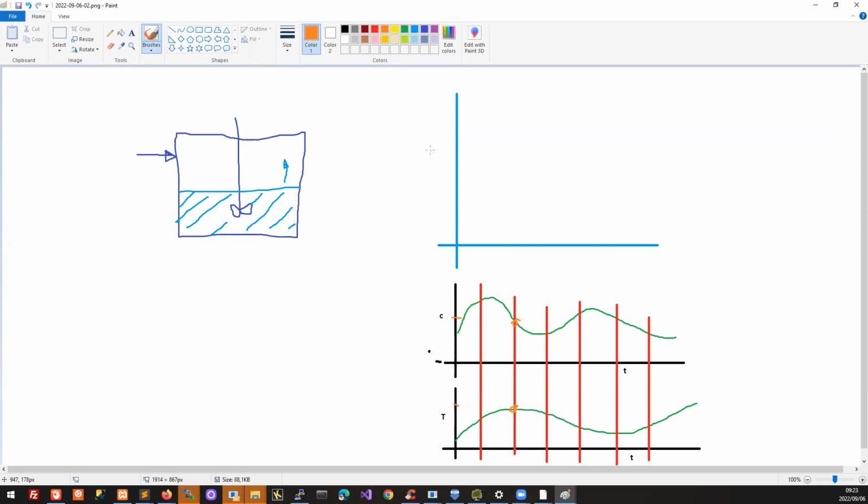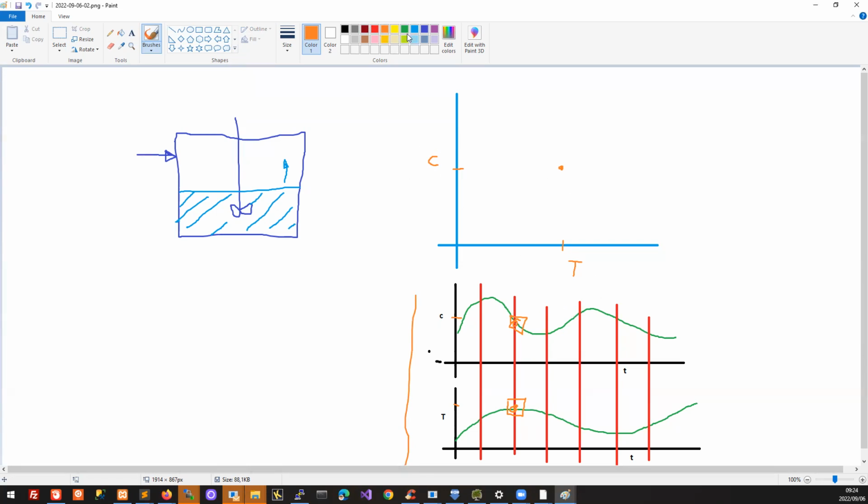Then on our plot, if we plot concentration versus temperature, not versus time, we position the temperature here and the concentration there, and that defines this point. So we read off the Y values for these two points on the time profiles, and then find where that point would sit on this CT plane.